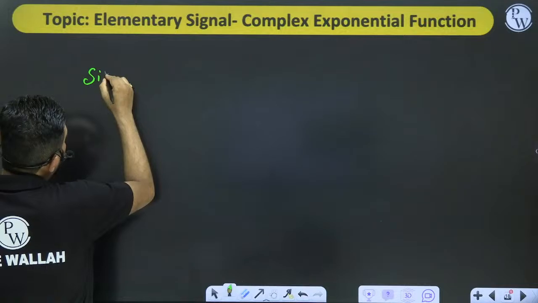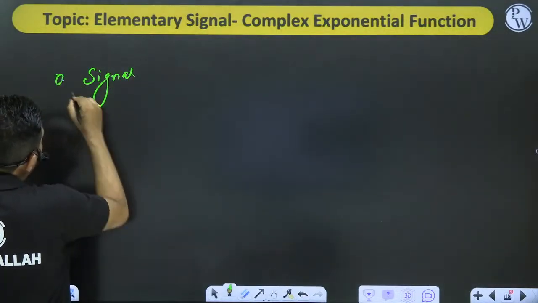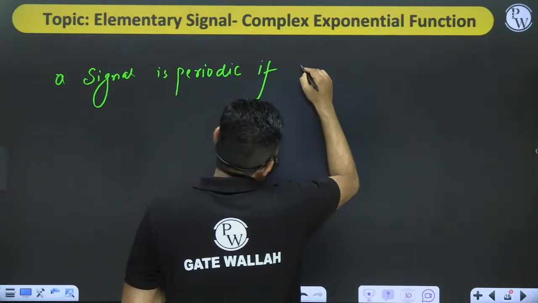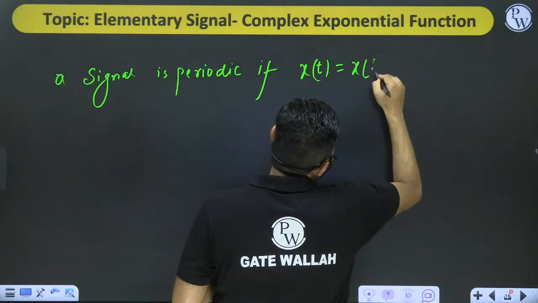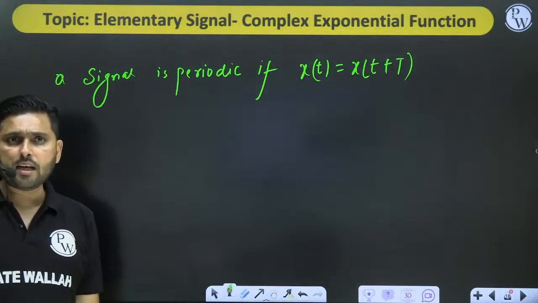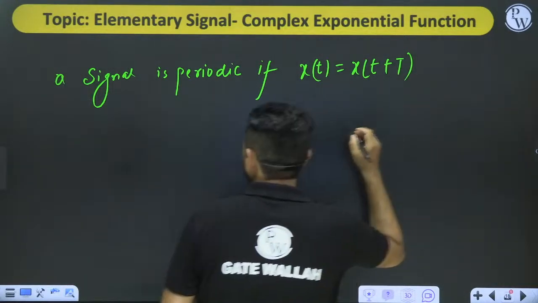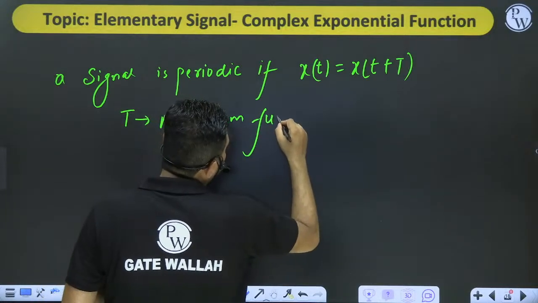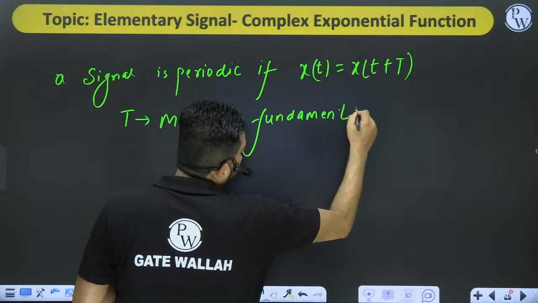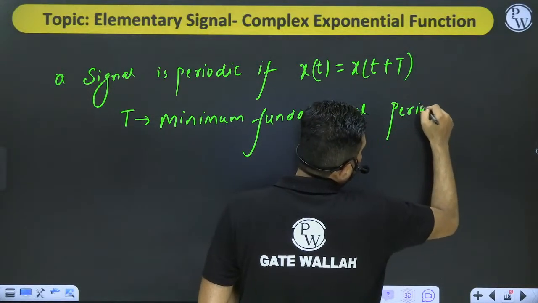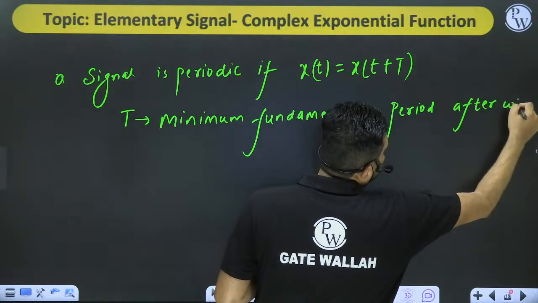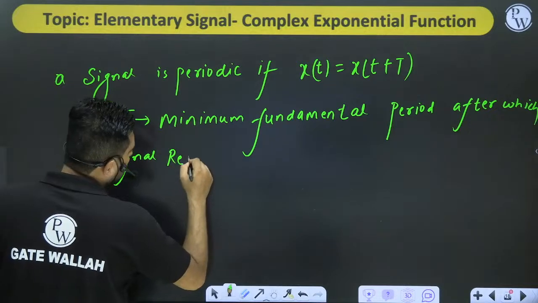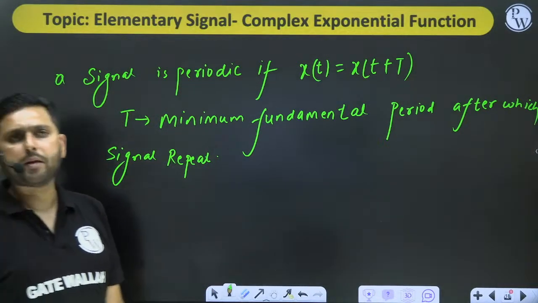A signal x of t is periodic if x of t is equal to x of t plus capital T, where capital T is the minimum fundamental period after which the signal repeats.